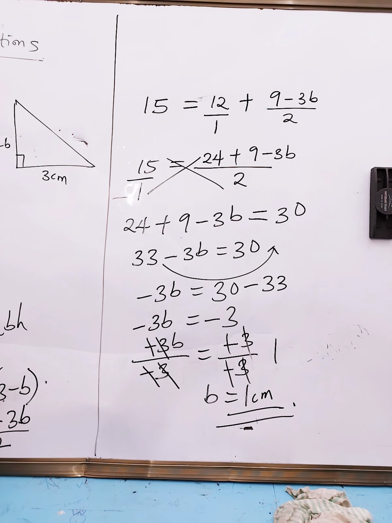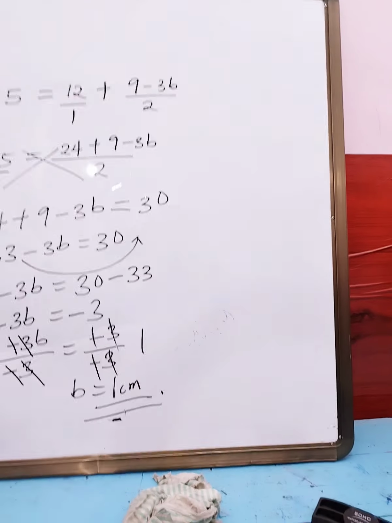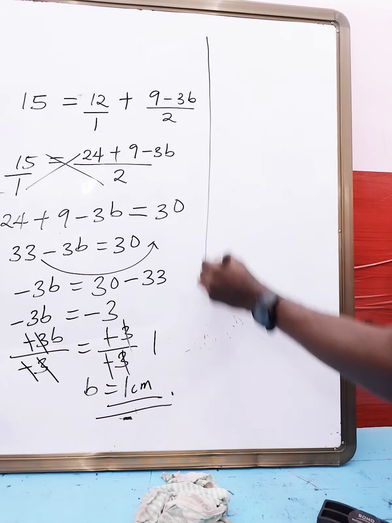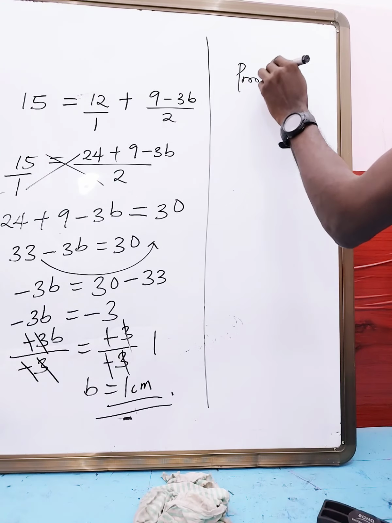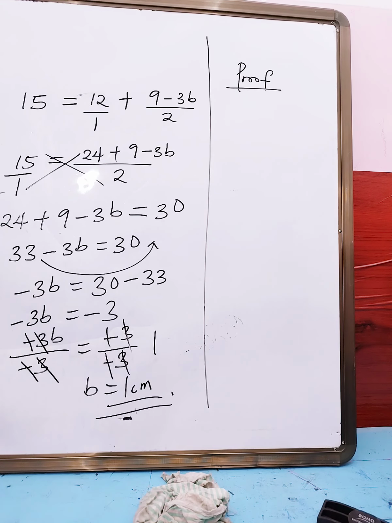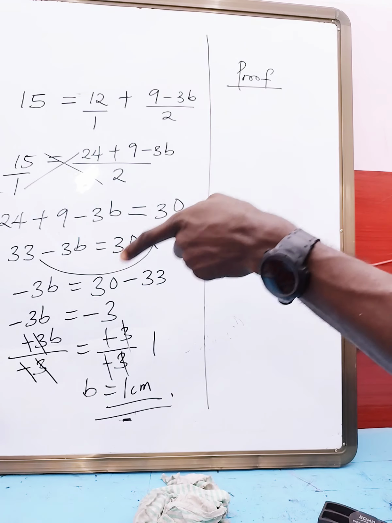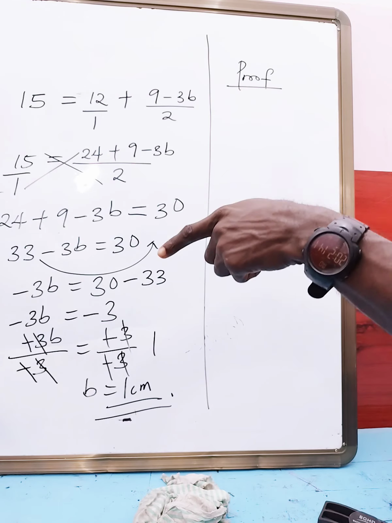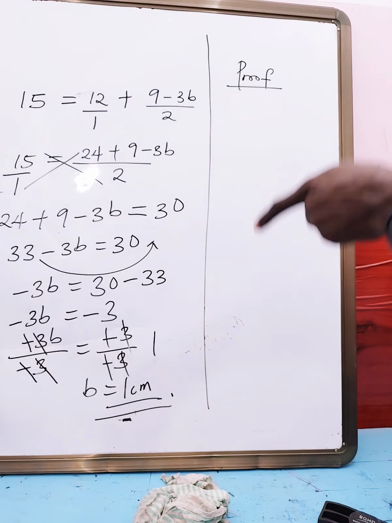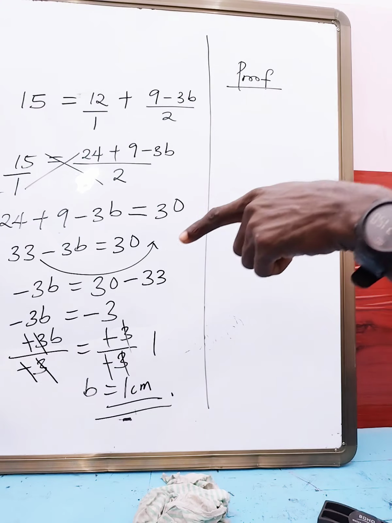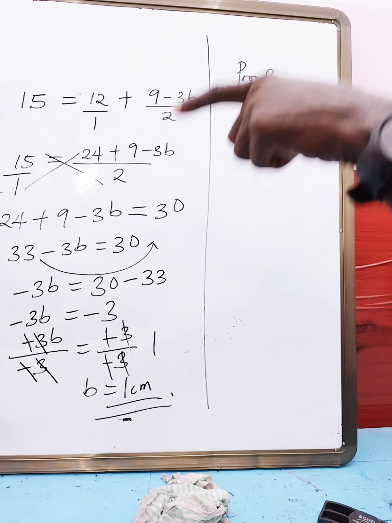Now to prove this, let's substitute the value of b as 1 centimeter into the result we got from the area of the triangle.